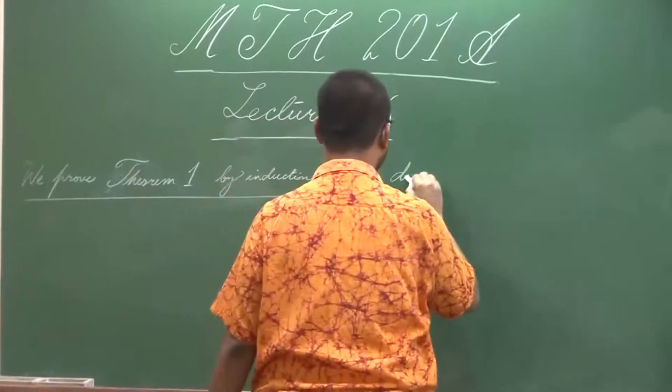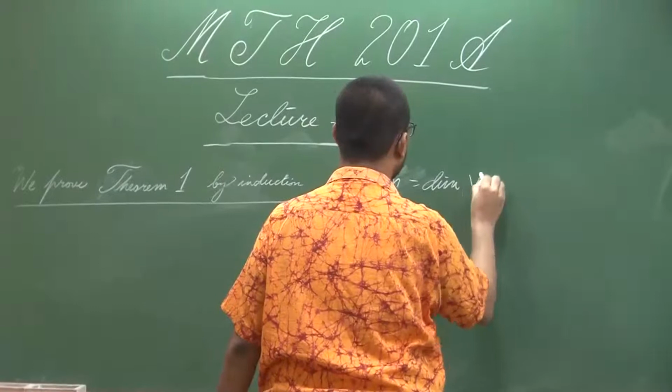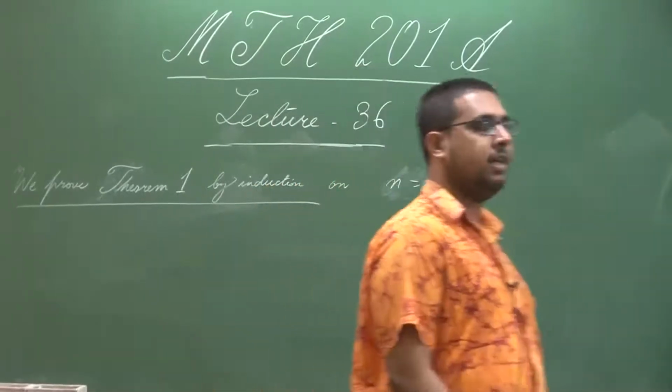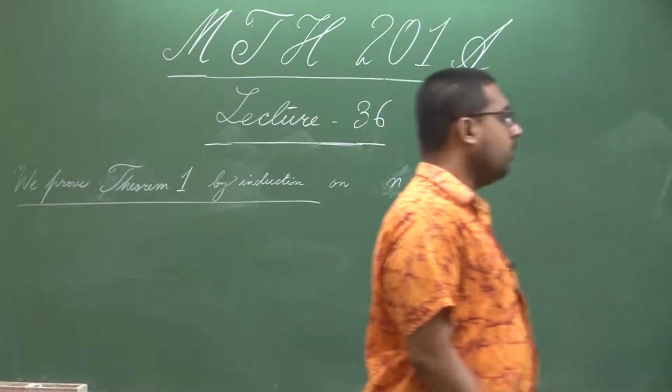On n, the dimension of V. To be technically precise, what should I prove? That for any n, whenever I have a vector space of dimension n over F and a nilpotent operator, then it must admit a Jordan basis. So, we prove by induction on n.